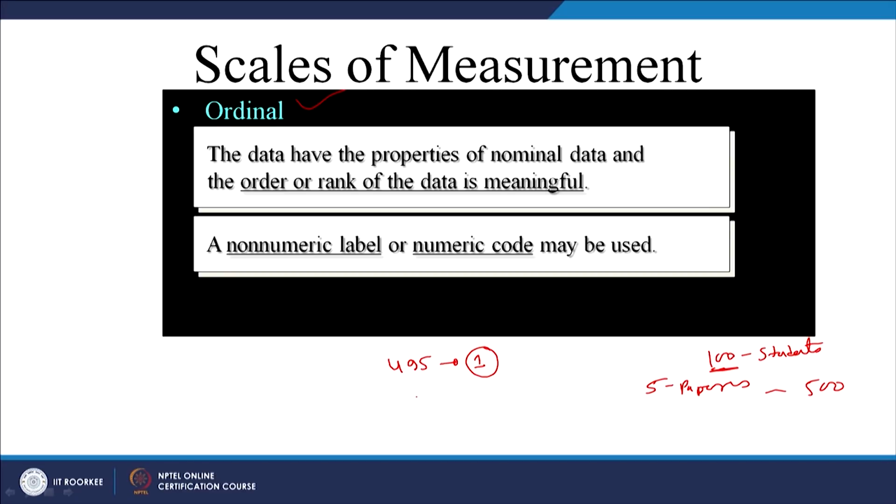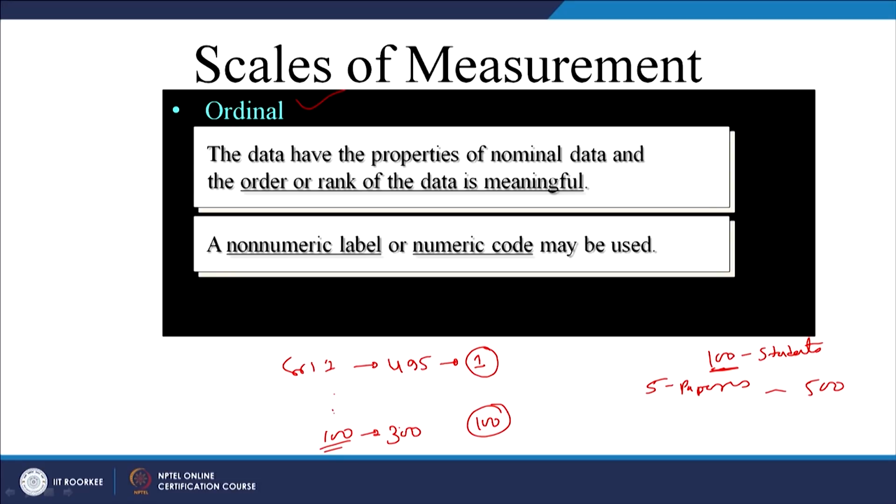Then you will have some more students. Similarly, let us say this is serial number 1. So, you will have a total of 100 students, is it not? So, the last student will have rank 100. Let us say the last fellow got just 300 out of 500.